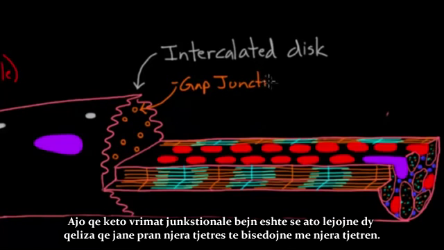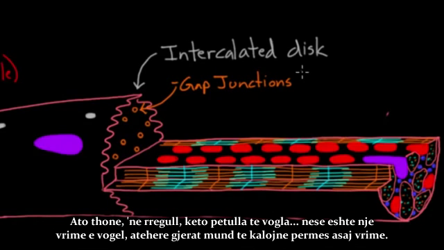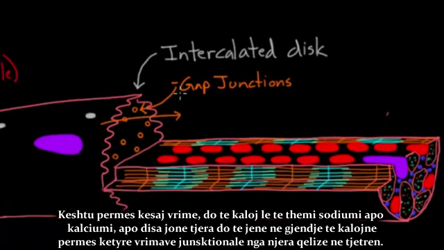And these gap junctions basically allow 2 cells that are next to each other to talk to each other. These are little donuts, and of course, if it's a little hole, then things can get through the hole. And so through this hole, coming from one side to the other, will be something like sodium, or maybe calcium, or some other ion that will be able to physically float right through that gap junction from one cell to the next.